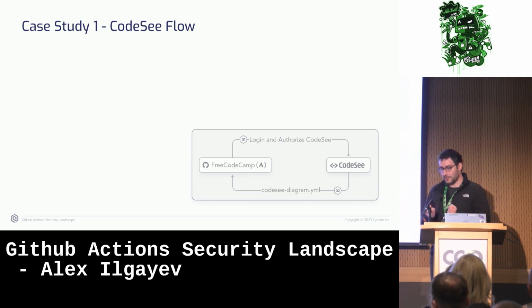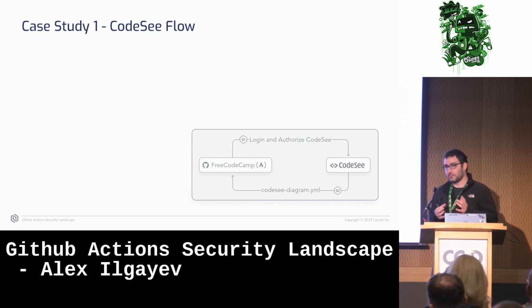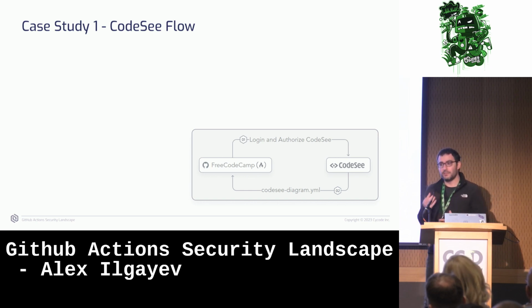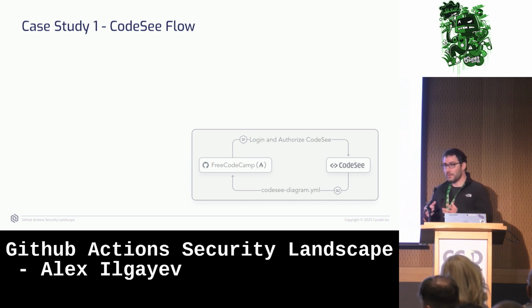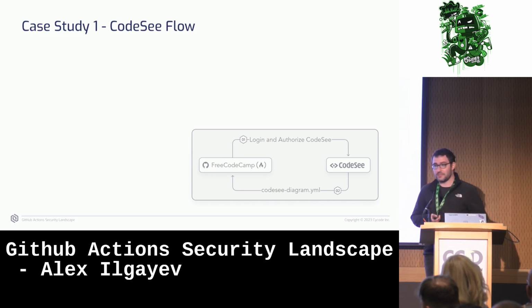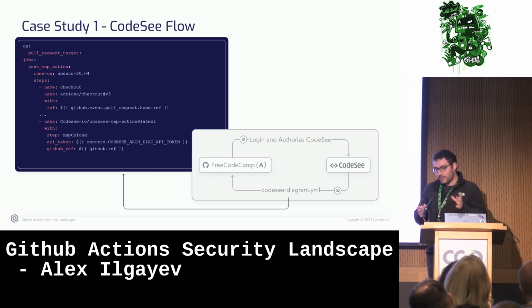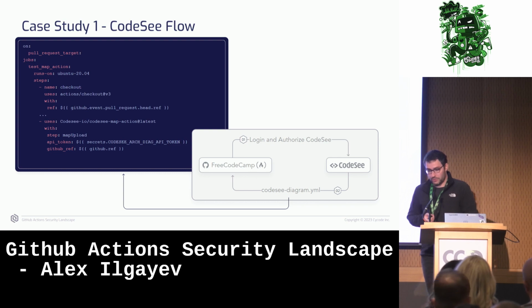So how does it work? FreeCodeCamp integrates with Codecov, and Codecov creates a new workflow in the repository that runs on every pull request you make, and it visualizes the changes that you made to help you review them faster. So this workflow had an issue, and we will show some of the issues that it has.